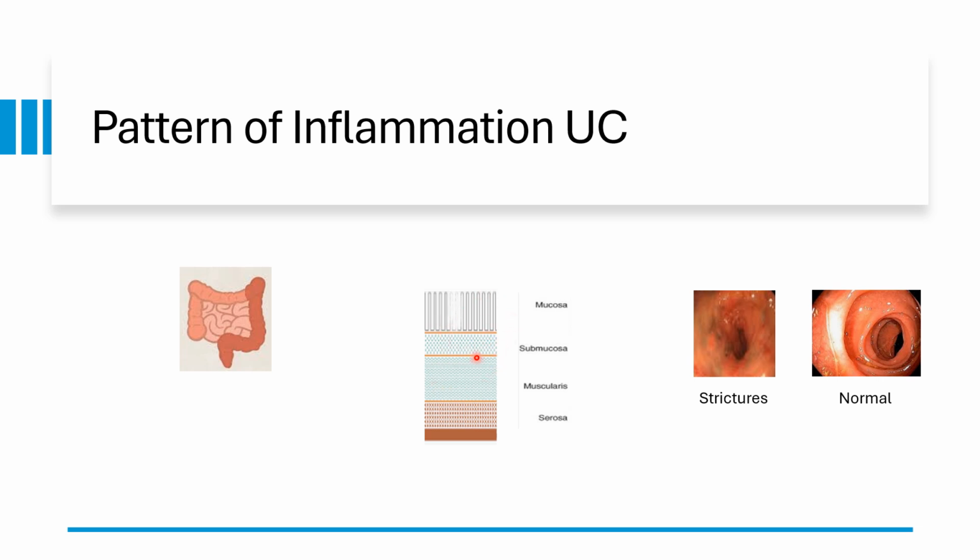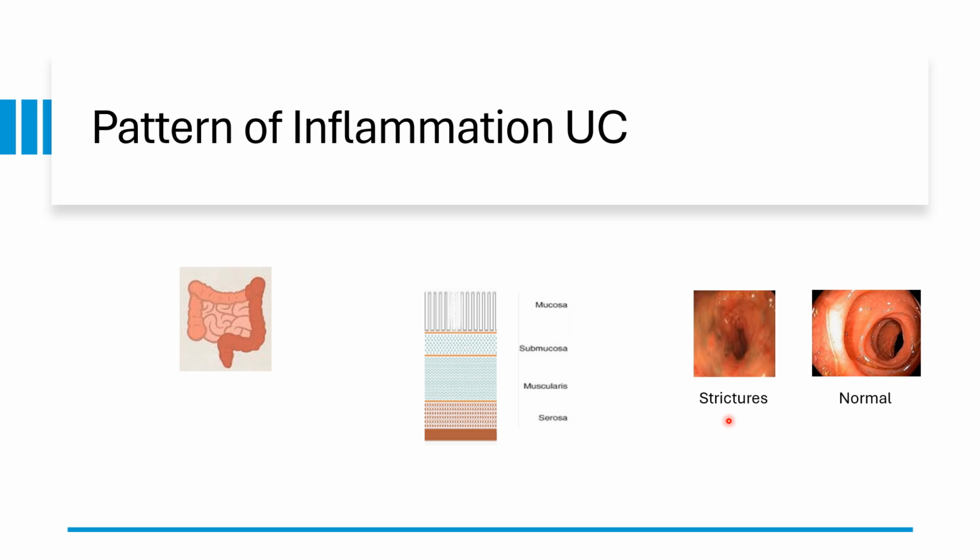Muscles will not get involved, so you wouldn't see the inflammation or the collection of white blood cells in this area. The only part that gets involved is the mucosa and submucosa. So as you see, it's just like the top tissue is involved. It's possible that this patient has a perforation, but it's not as a result of all tissues being involved. So this is another difference between ulcerative colitis and Crohn's disease.